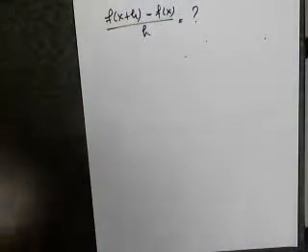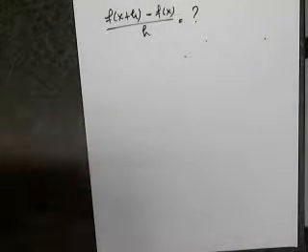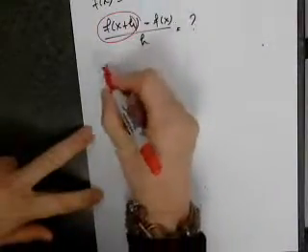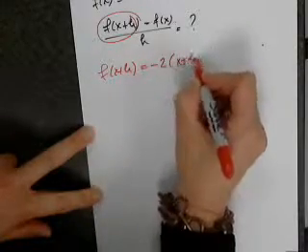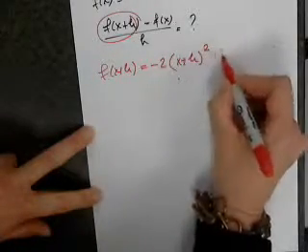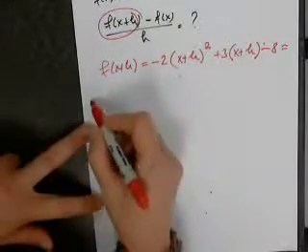Which of these 3 pieces do I not have? Exactly, I do not have this piece. So I have to find f of x plus h, which is negative 2 times (x plus h) squared plus 3 times (x plus h) minus 8.